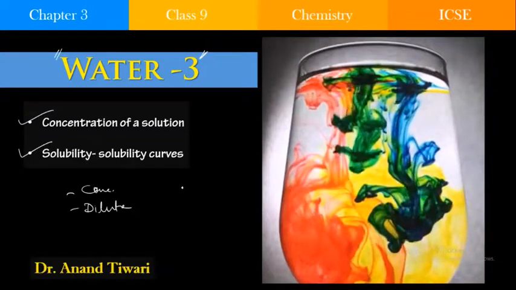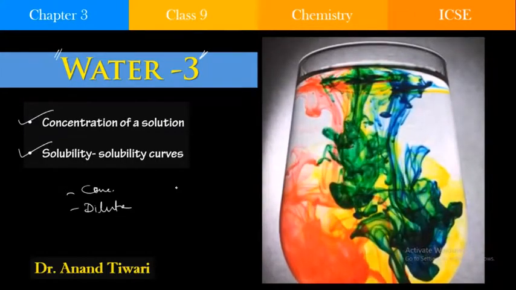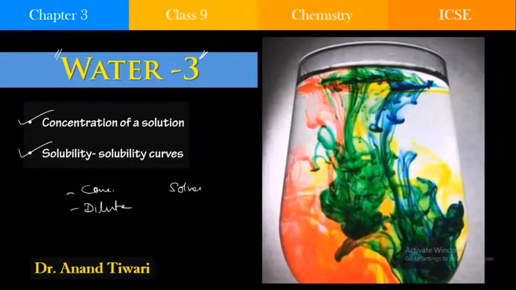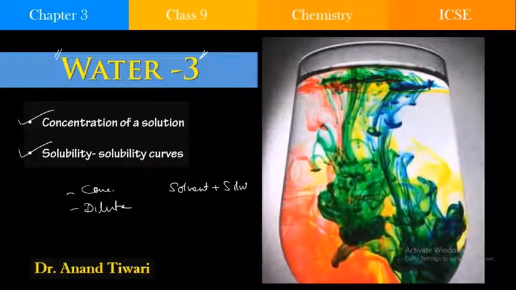So a solution is one in which there is a solvent and there is a solute. Like what we saw here in this short video, here the water is a solvent which is present in excess, and these colors are solutes which are diffusing and dissolving into this solution until they become a homogeneous mixture.